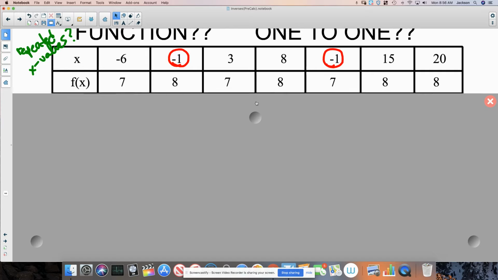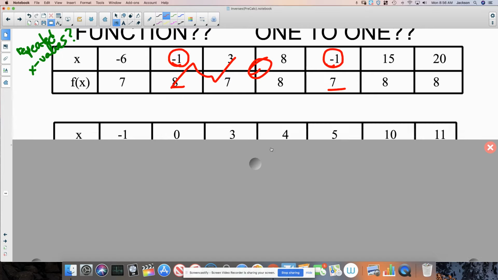We got to check the outputs. What do you notice about these outputs? Okay, the outputs are different. So we have an 8 the first time and a 7 the second time. So is this a function? Big fat no. And if it's not a function, then we don't even worry about if it's one-to-one. It doesn't matter.